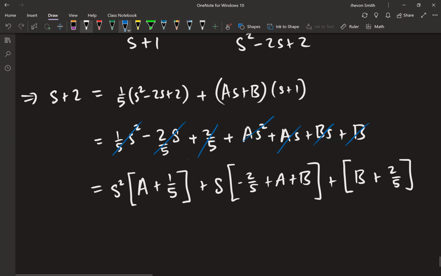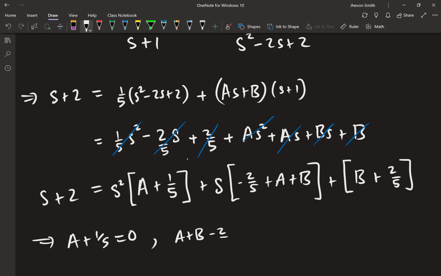And so because this is s plus 2 over here, this tells us that a plus 1/5 should be 0. It also tells us that a plus b minus 2/5 should be 1. And it also tells us that b plus 2/5 should be 2.